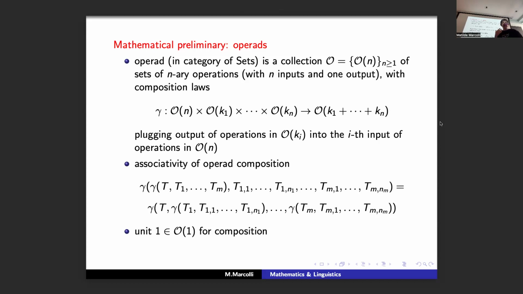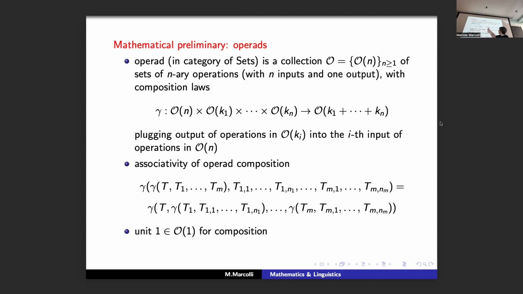It's a collection of sets labeled by positive integers, and you think of each of these sets as being a set of n-ary operations, so a set of operations that have n inputs and one output. And you have a composition law, which is the obvious one. If you have n inputs and one output, and you have n things, each one with one output, you can plug each of the outputs into one of the inputs.